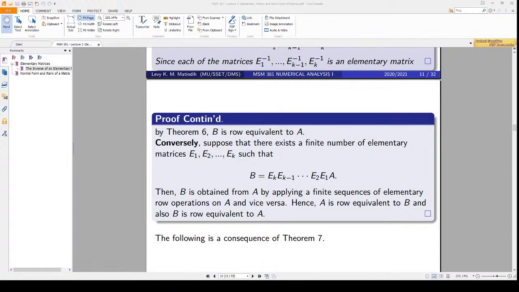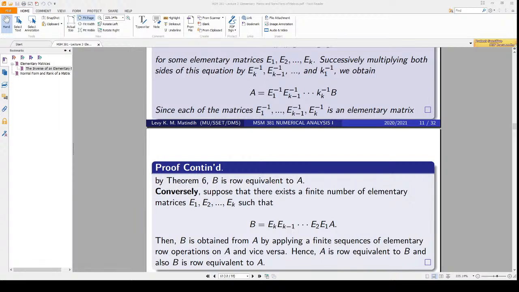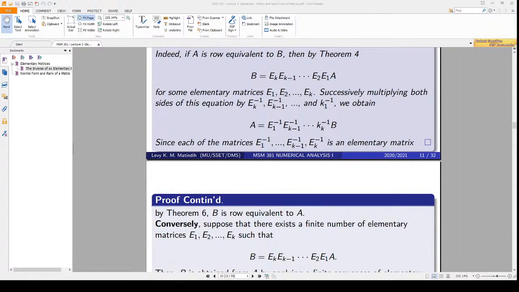Alright, so what is the converse? At first we said, suppose matrix A is row equivalent to matrix B. Then we have proved that matrix B can be written as the product of elementary matrices with A. We have also shown that it can be reversed: matrix A can be written as the product of the inverses of E1, E2 and so on with B. Remember, these elementary matrices are invertible.